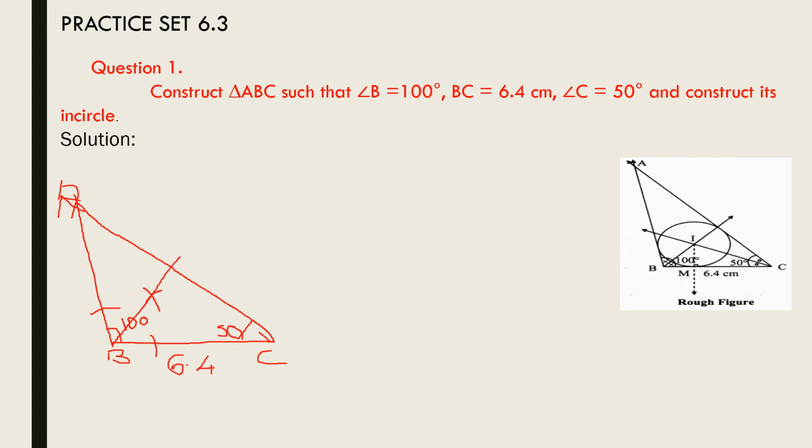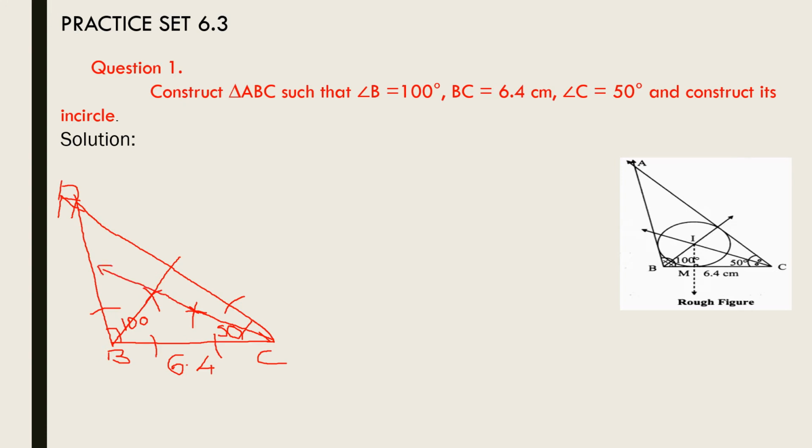Same method, bisector of angle C, any convenient radius, draw the arc on two sides. And here also compass pointer pointing to this arc, draw the arc. These two arcs are intersecting and this intersecting point is joined with the C. This is the bisector of angle C, and you have to extend this, and this ray.